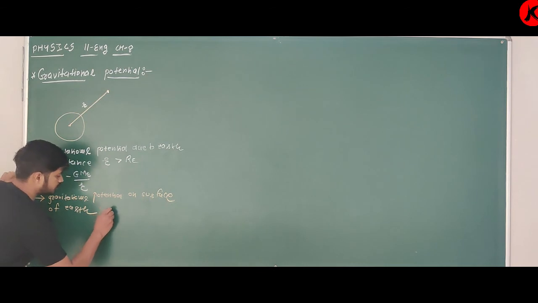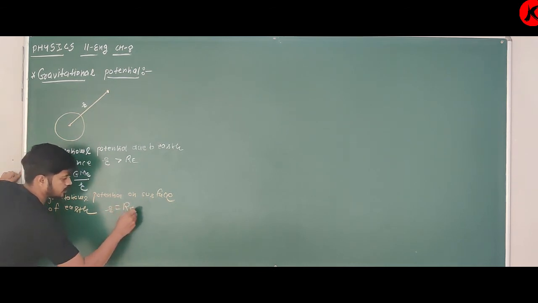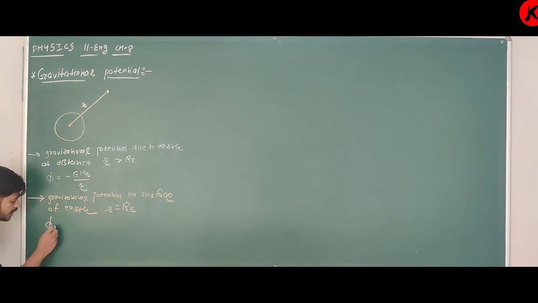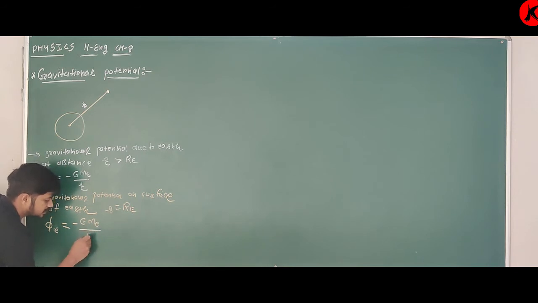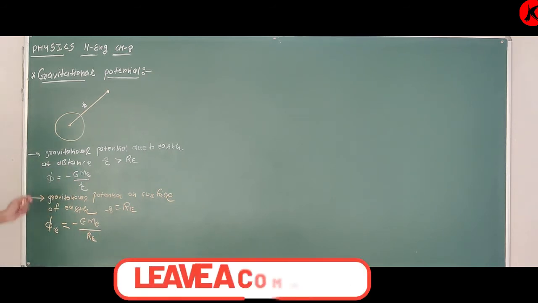So you have to put r is equal to Re. So it is called phi e, which is equal to minus GMe upon Re.